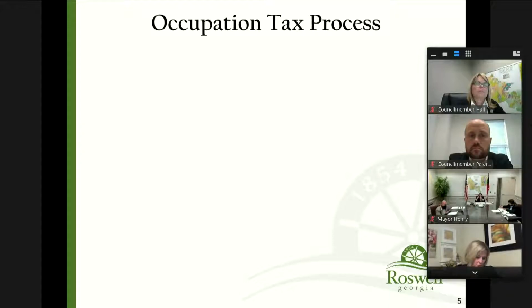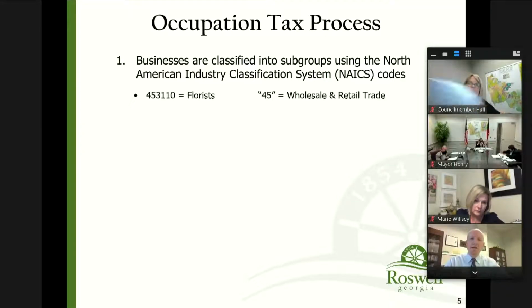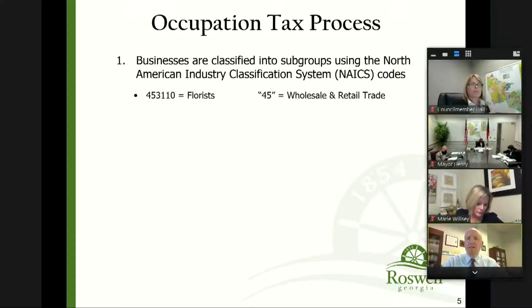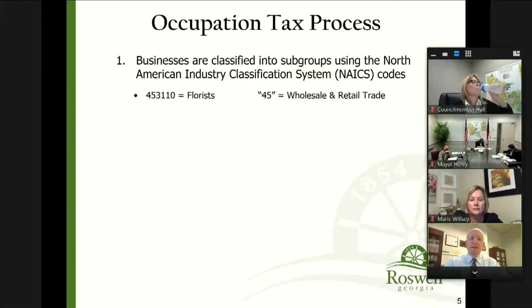So just to give you a brief overview of how the process itself works, and all this is outlined in state law. Businesses are classified into groups, and we use the North American Industry Classification System, otherwise referred to as NAICS codes. As you can see, a NAICS code itself can go all the way to 6 digits, and it can be very specific in terms of the type of business that it's referencing.